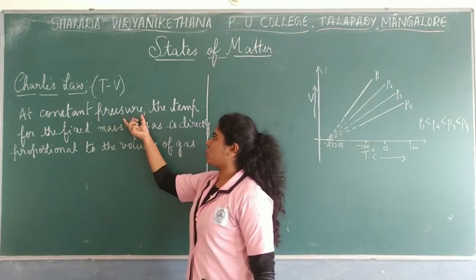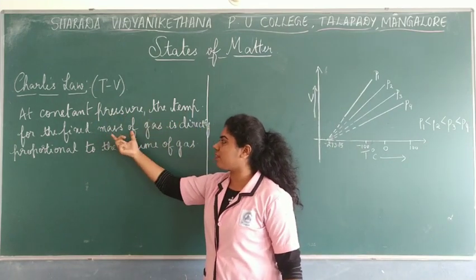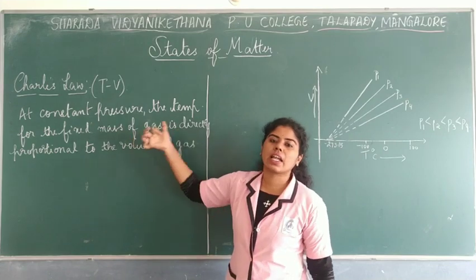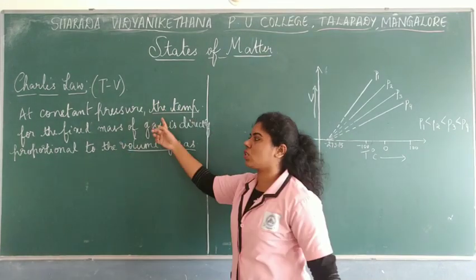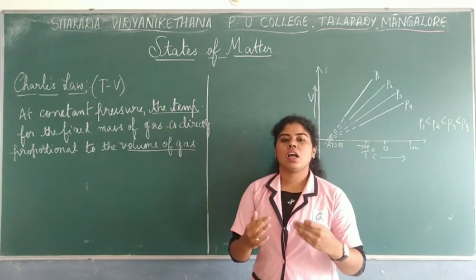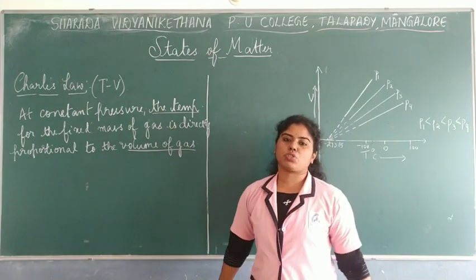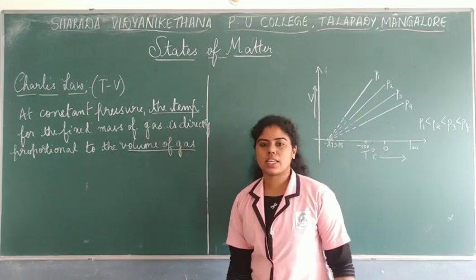At constant pressure, the temperature of the fixed mass of gas is directly proportional to the volume of the gas. Okay, so the temperature and volume are directly proportional. Okay, so that is what the law says.